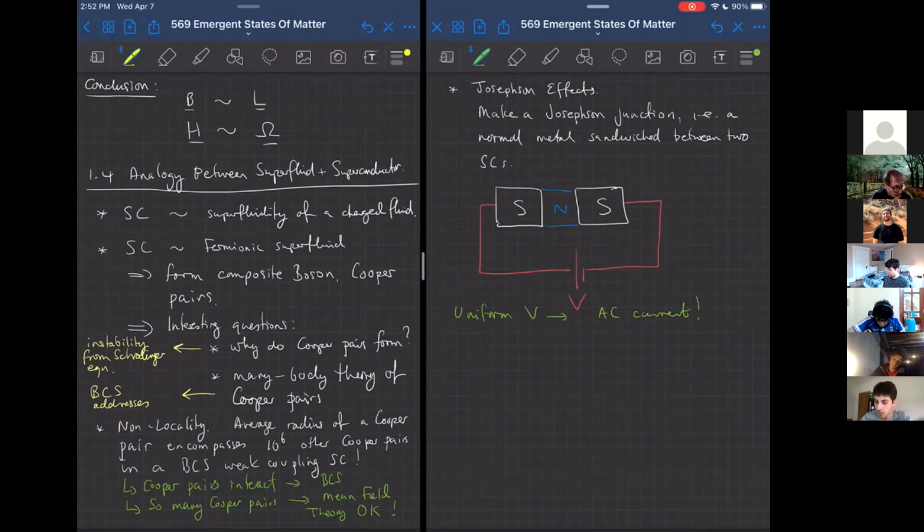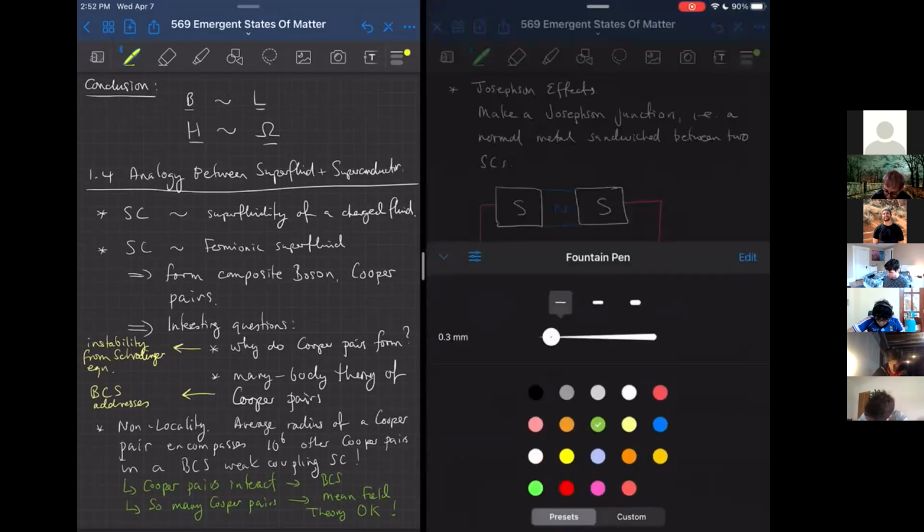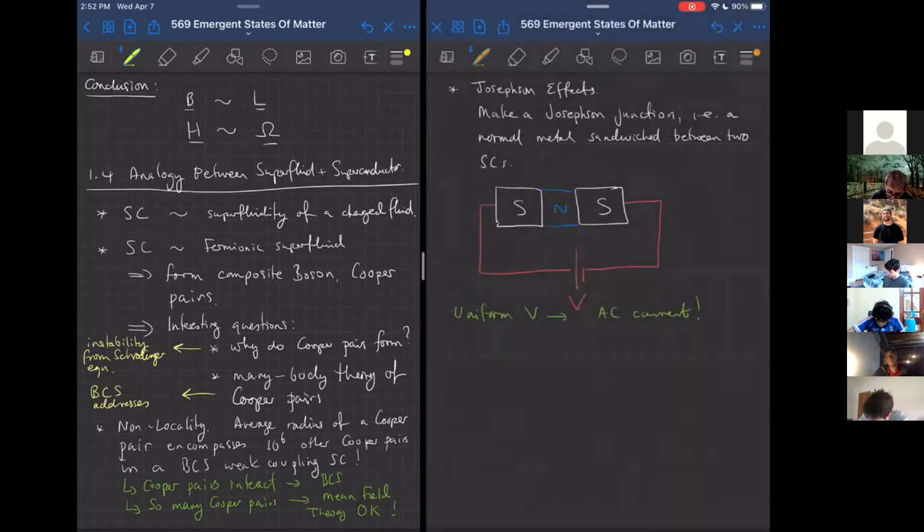There's another thing you can do in which you can get what's called the DC Josephson effect. And that DC Josephson effect is basically a DC current without an applied voltage.